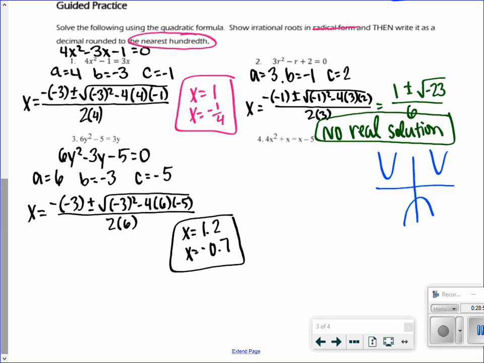You can't, because a negative times a negative is positive, and a positive times a positive is positive. So you can't have negatives under the radical. If you ever have a negative under a radical, no real roots, no real solutions. That's it. And it just means on the graph, like we've seen that graph before, but now that's what it looks like when we go through the quadratic formula.